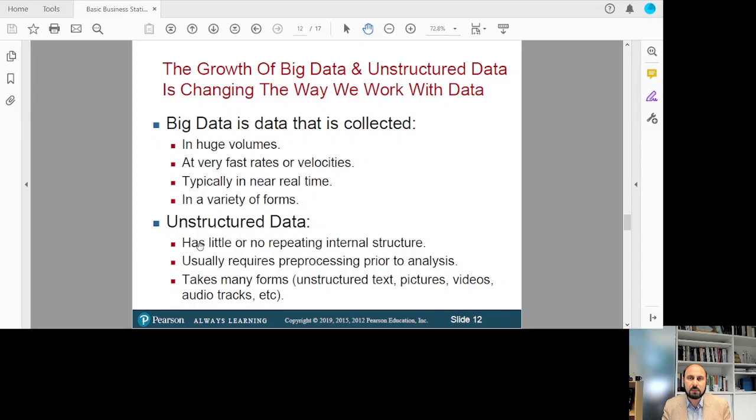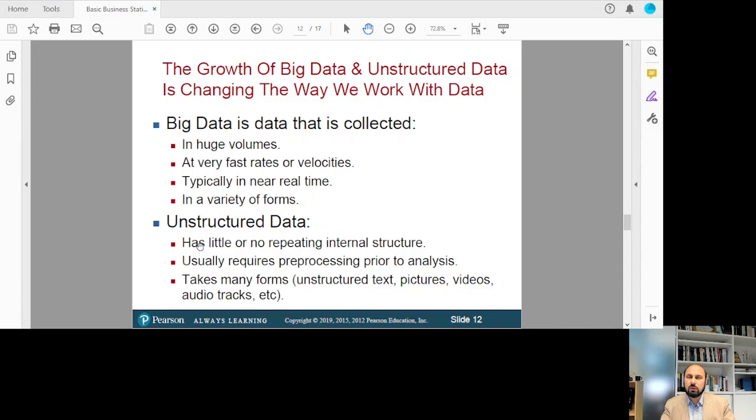The growth of big data and unstructured data is changing the way we work with data. Big data is data that is collected in huge volumes at very fast rates or velocities, typically in real time and in a variety of forms. Imagine Twitter, LinkedIn, Facebook, TikTok, Instagram. We can see the data is produced in seconds.